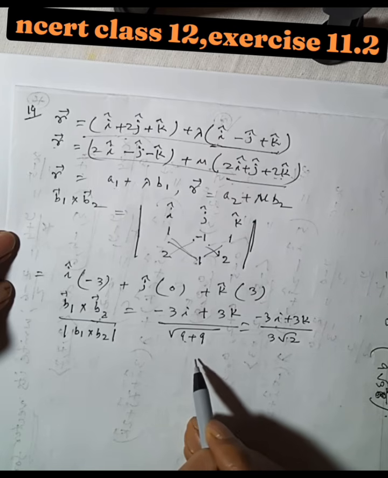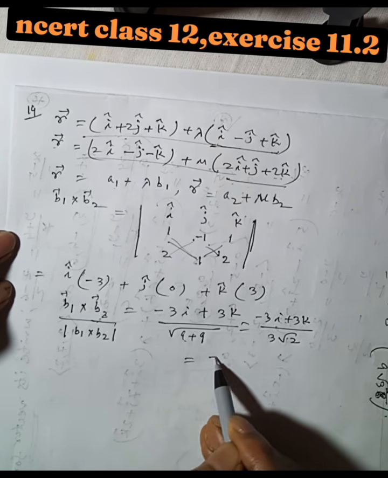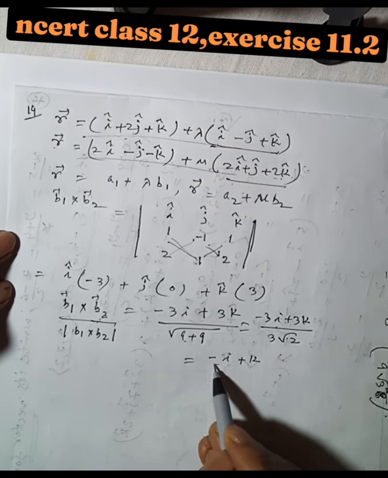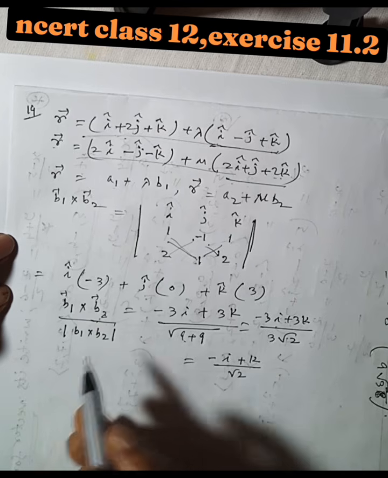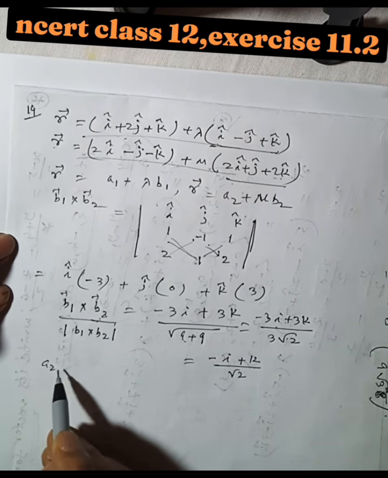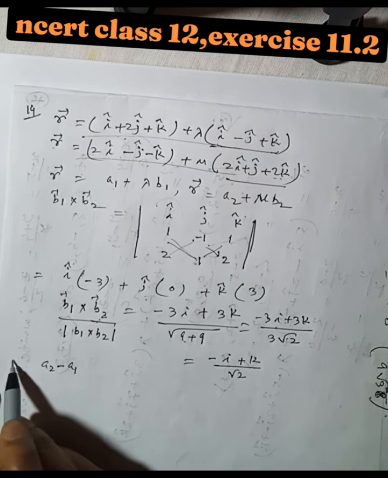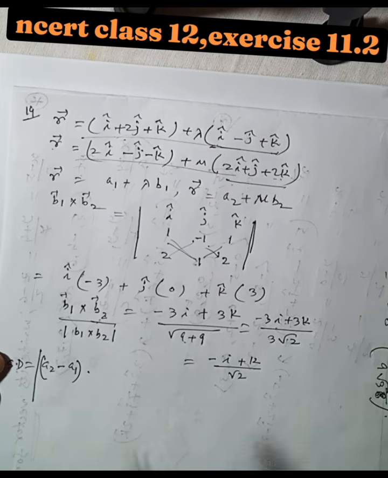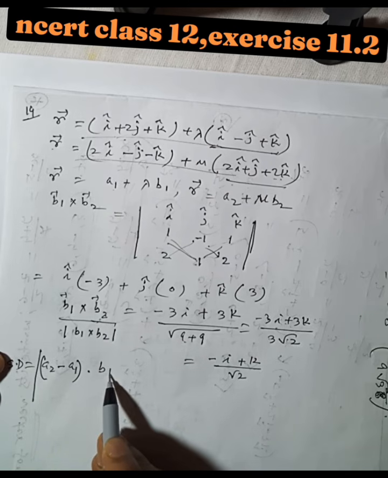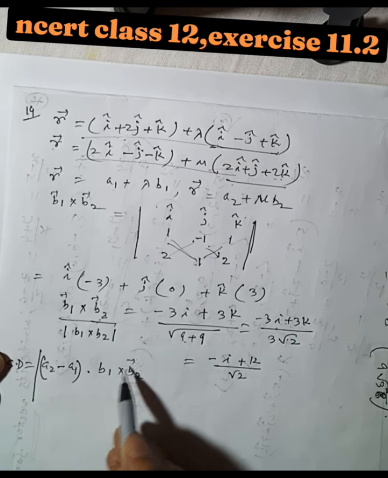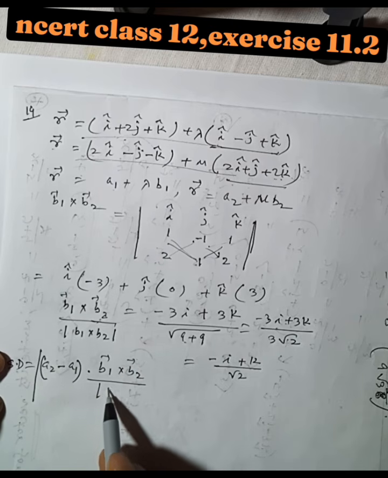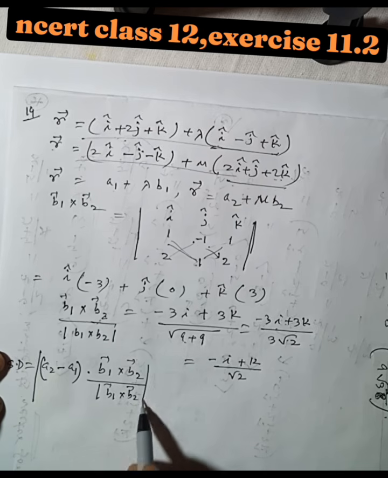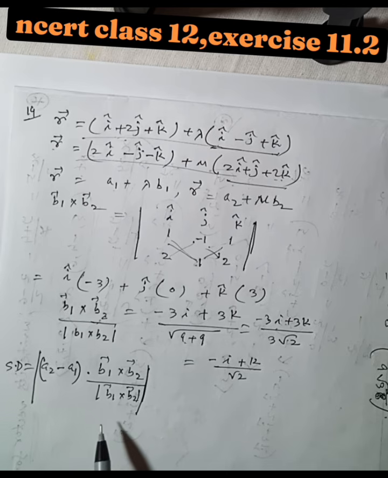Now 3 will cancel, so it is (-i + k) divided by root 2. Now find a2 minus a1. Our shortest distance formula is the modulus of (a2 - a1) dot (b1 × b2) divided by the modulus of b1 × b2. This is our formula for shortest distance.